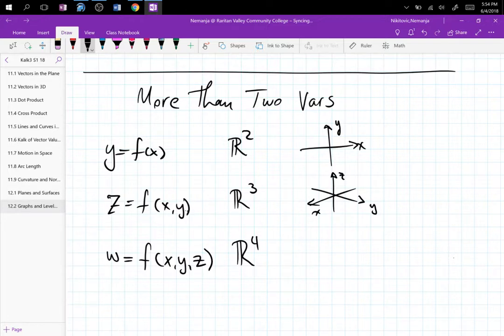So the idea is that we can come up with any function we want from a math standpoint, obviously, but then you want to use the useful ones from the sciences.